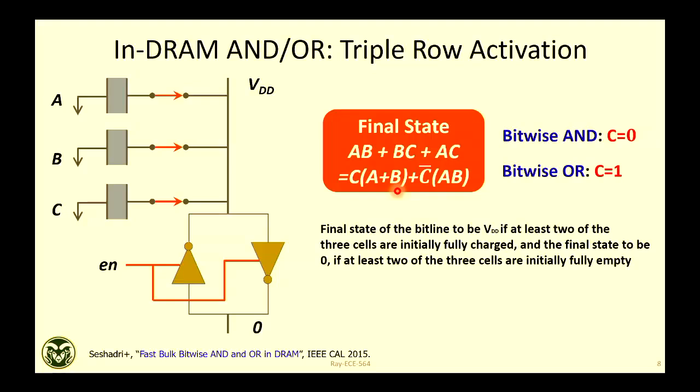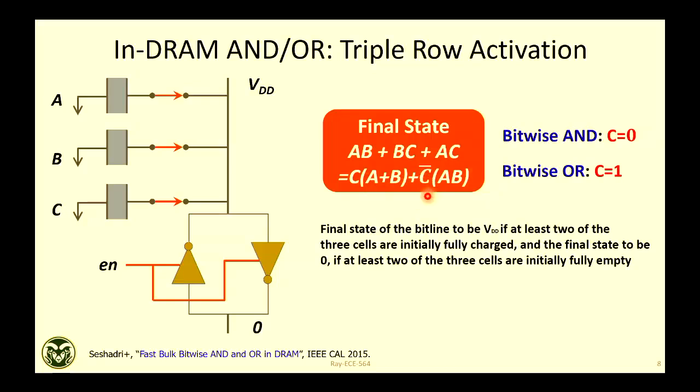Yes? Sorry, so to read out the final state, that's A and B, or B and C, or A and C, right? The C row, the third row, will be either all 1 or all 0. You have thousands of bits in parallel, and this is one of these 1000 bits. So if C is 1, then your final result is A plus B, because this C bar will be 0 in that case.